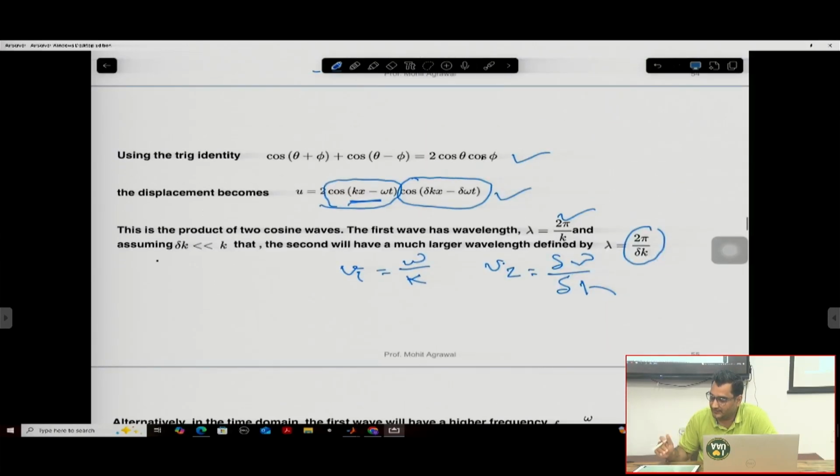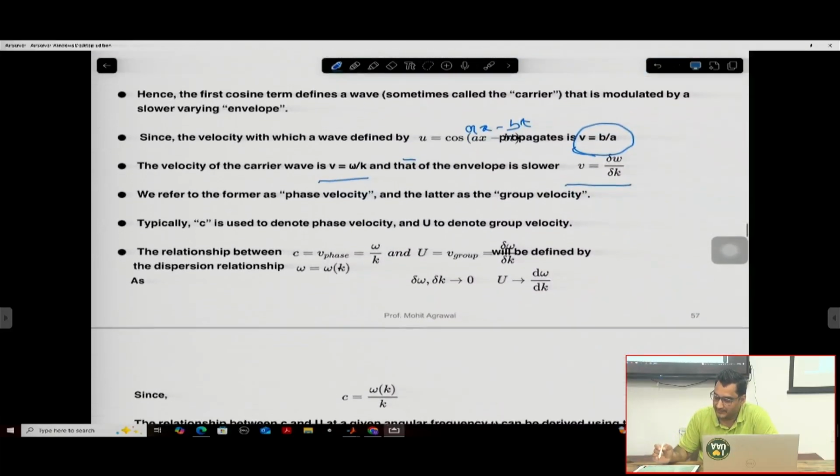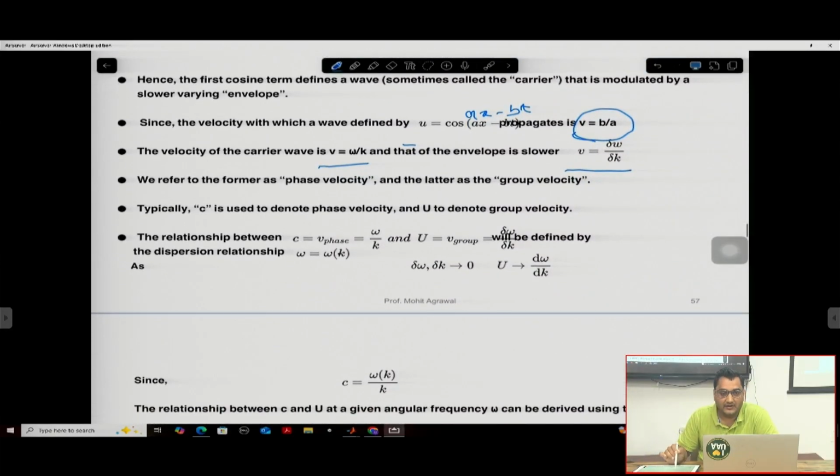Here, we saw that this is the carrier wave and this is the envelope wave. So carrier wave velocity is omega by k, envelope wave velocity is delta omega by delta k, and the envelope wave velocity is smaller than the carrier wave velocity. We refer to the former as the phase velocity and the latter as the group velocity.